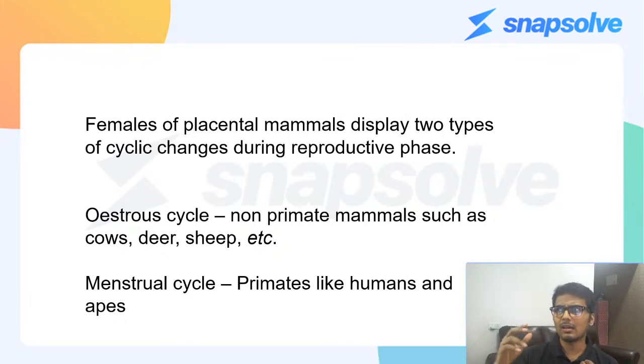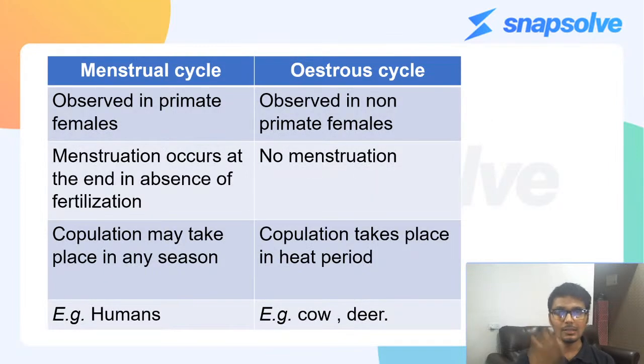Primates are more like apes, arboreal animals, and non-primates are other mammals. Primates have fingers, but non-primates don't have an opposable thumb or anything. They can't grab something. So they are all non-primates.